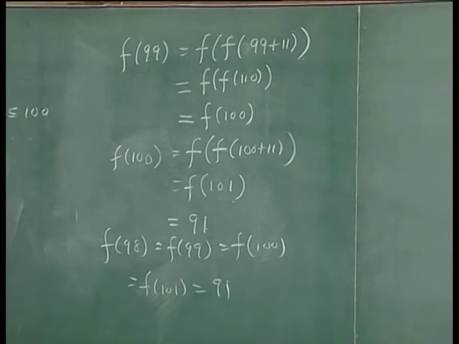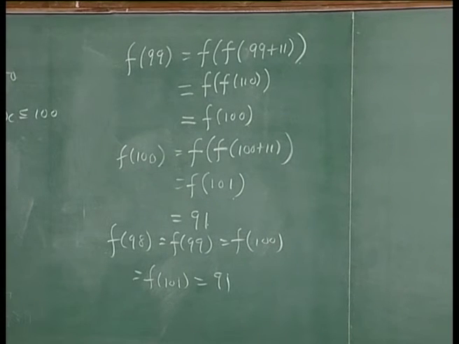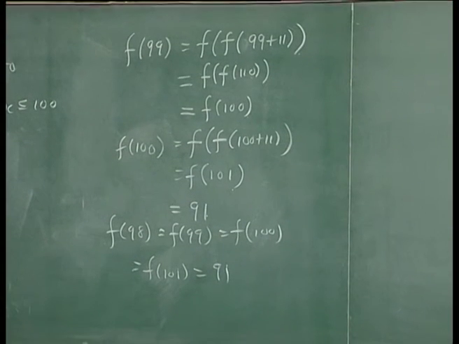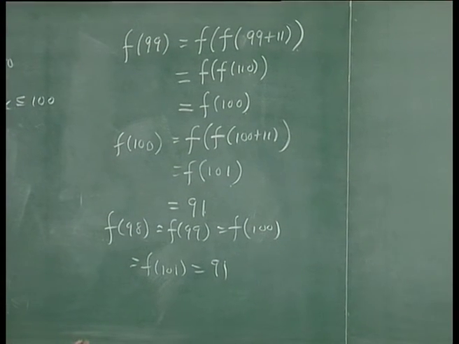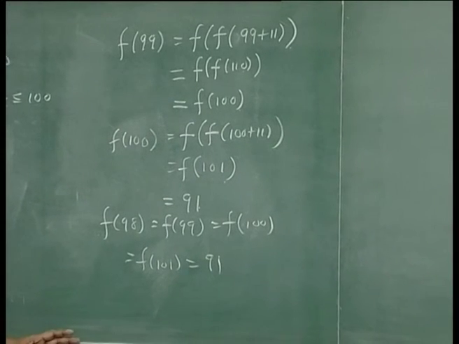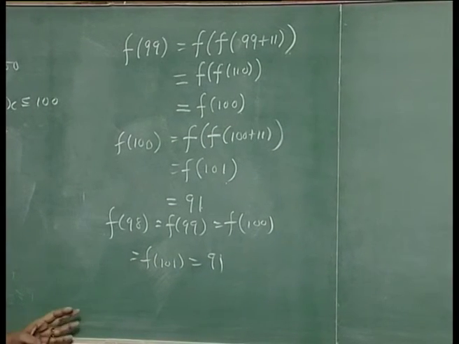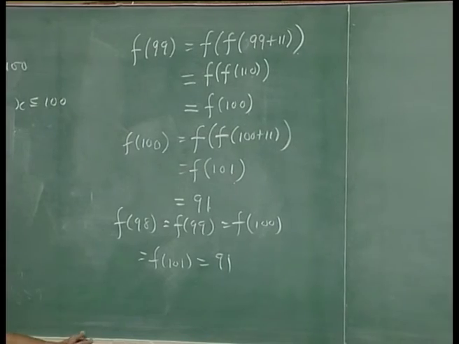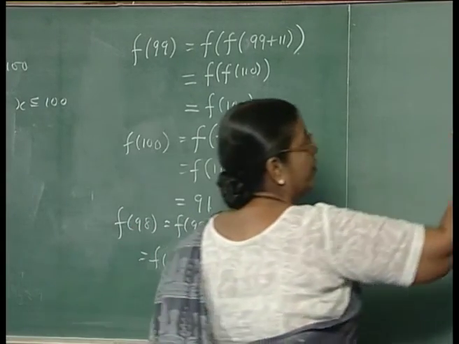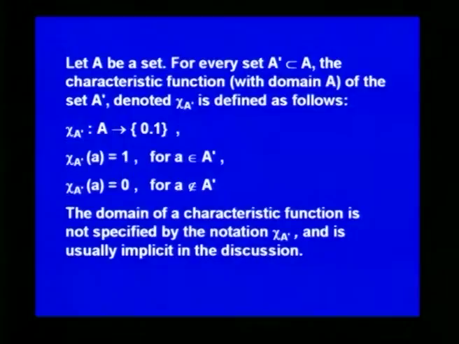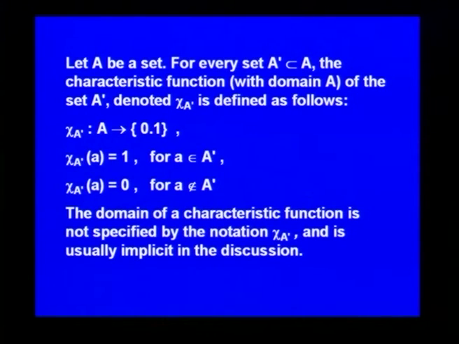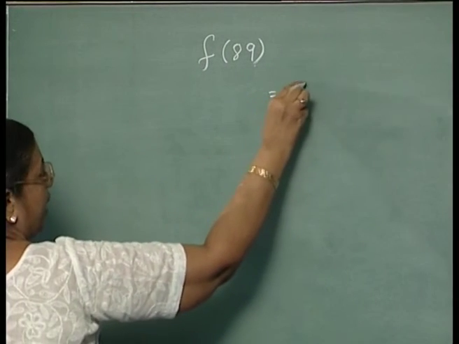All these take the constant value 91, but f of 102 will be 92, 103 will be 93, afterwards it will be just minus 10. I have taken a value 98. Suppose I take f of say 89 or something like that. Still if you calculate the value, you will find that that will be only 91.